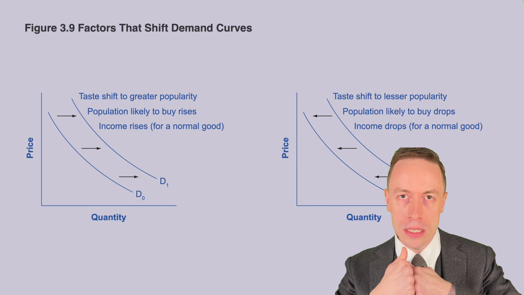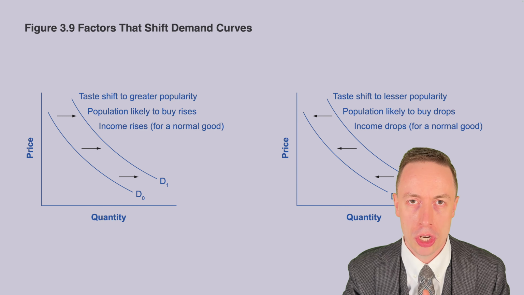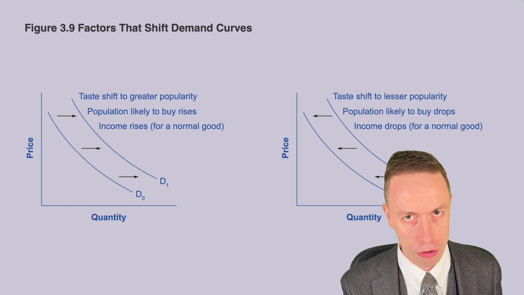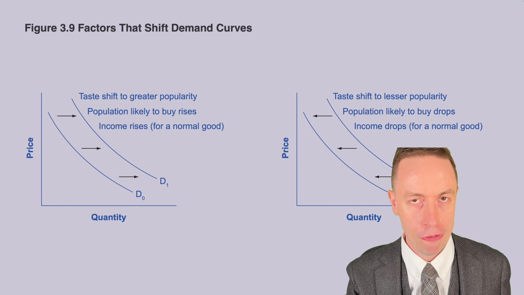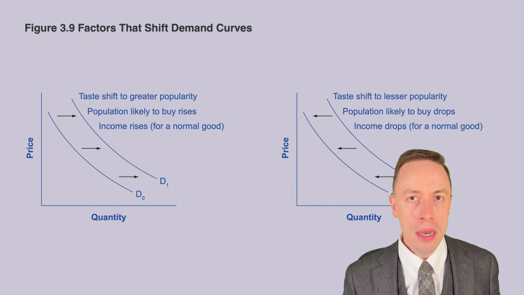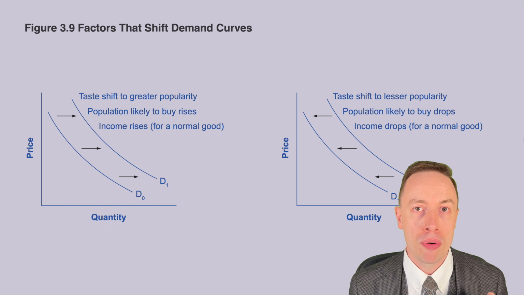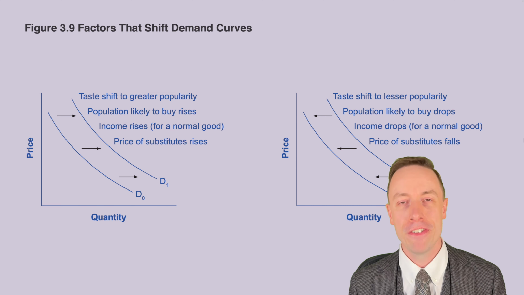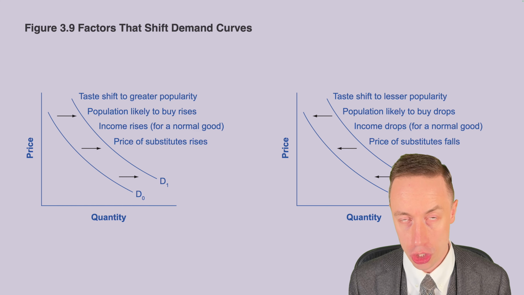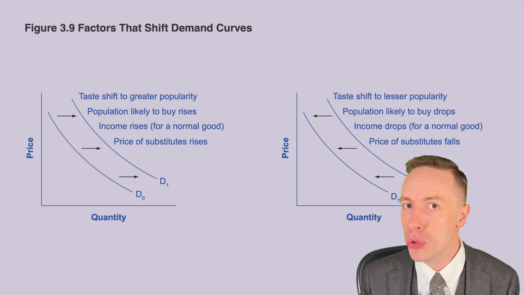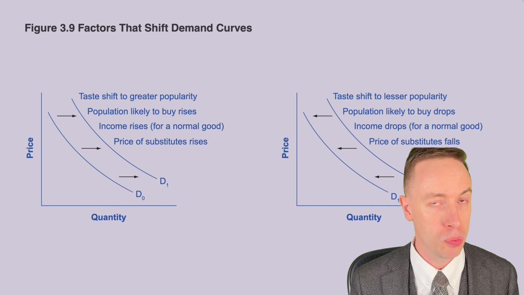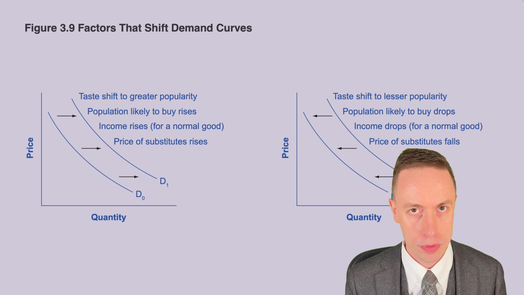Now, until now, I've talked about price only moving us along a demand curve. And that's correct for the price of the product we're looking at. But it is possible for the price of a different product, a related product, to change, which will lead to new quantities demanded at each price point for the product we're actually looking at.